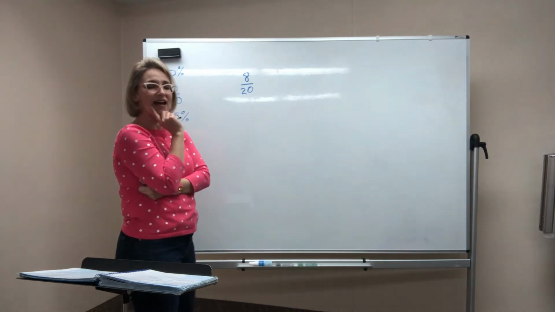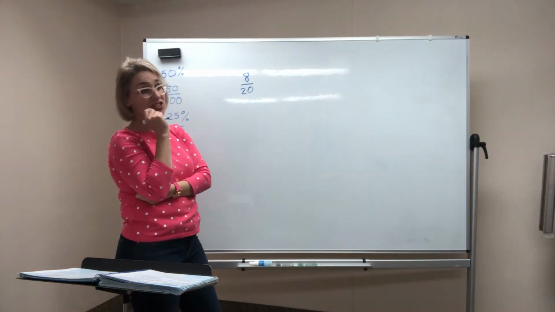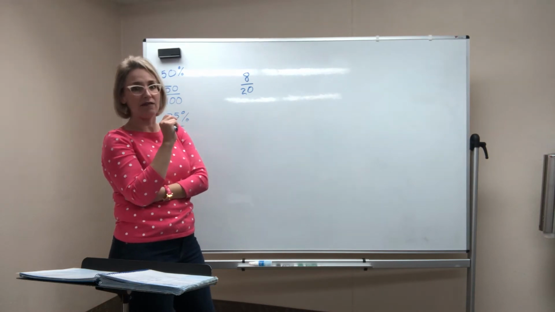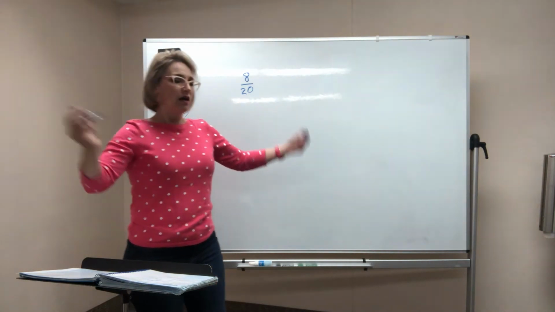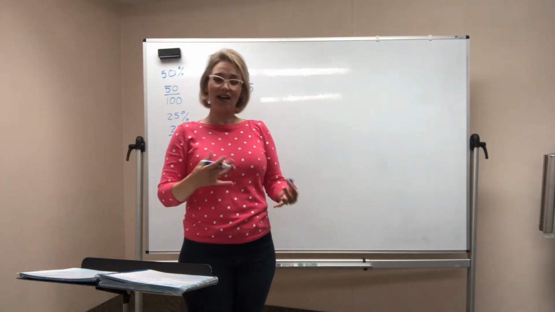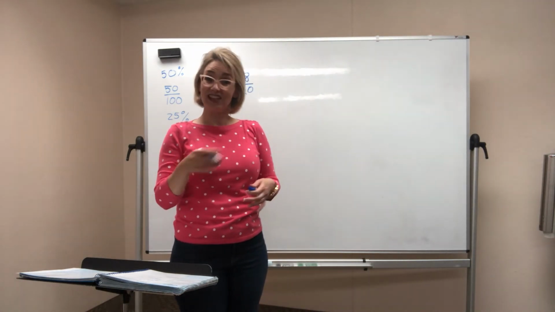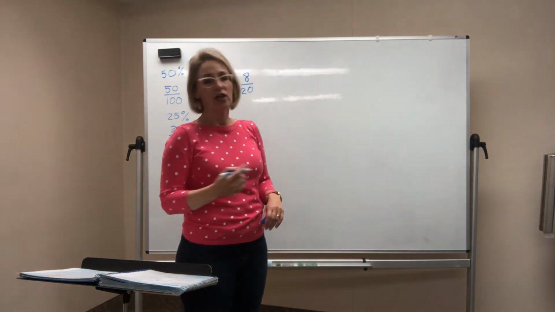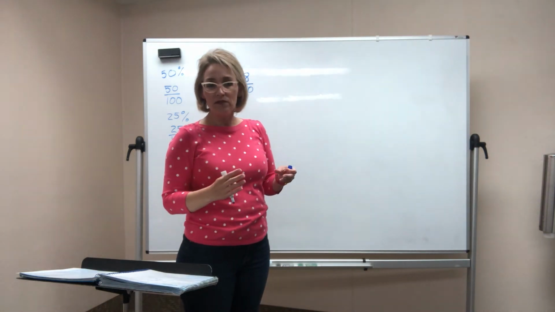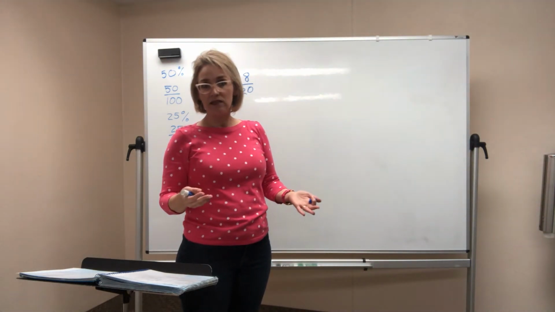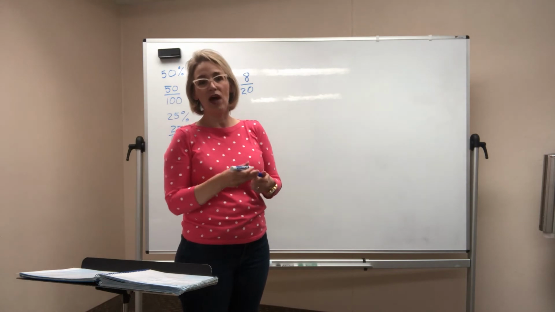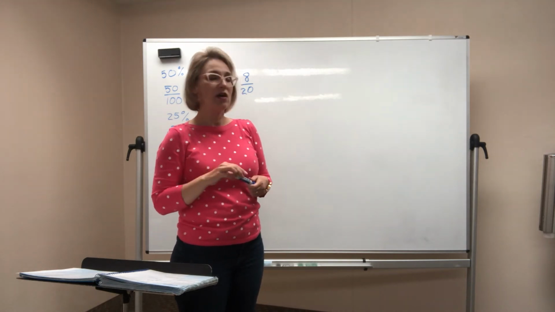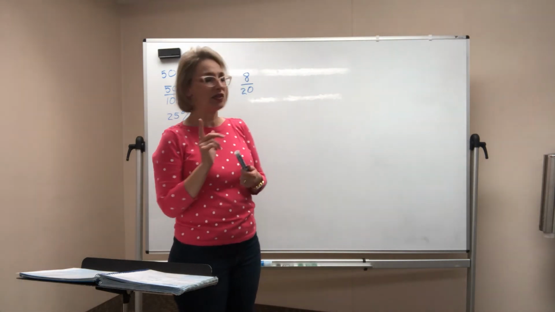Well, they asked us to write that as a percent, and that's actually something we do a bit in real life when we want to say that 40% of the kids in the class are boys, or 70% of the kids in the class have cats as pets. We kind of get the picture really well when we give a percent. So we see this used a lot in real life.